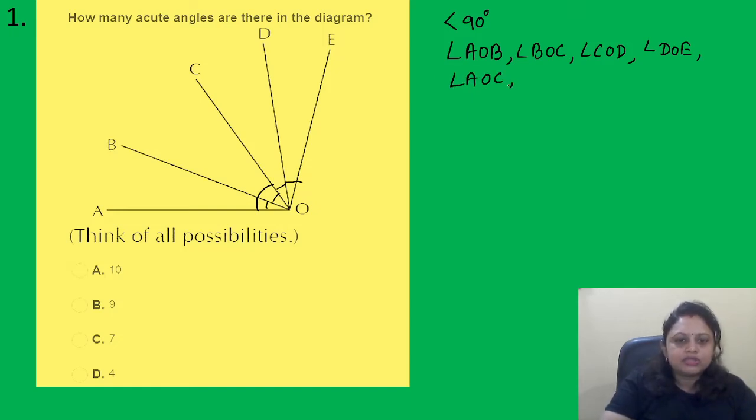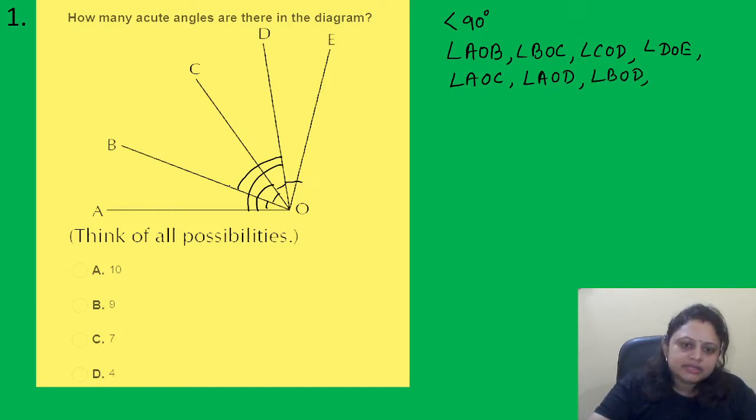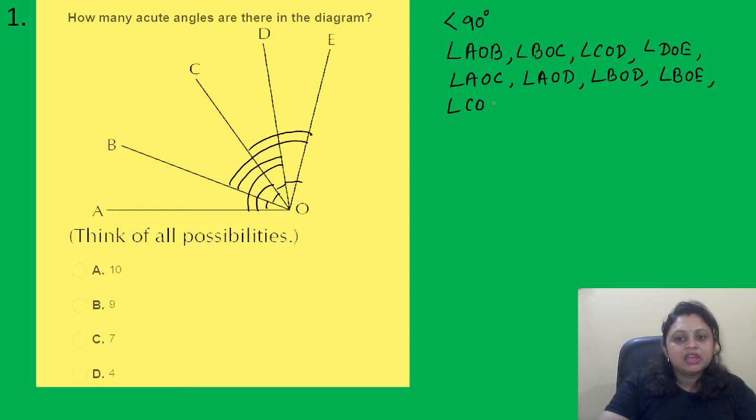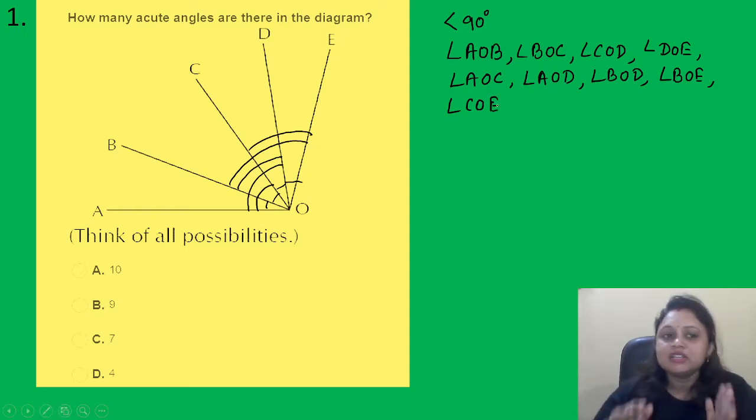So angle AOC and also angle AOD are less than 90 degrees. Next one, BOD, is also an acute angle. Next one is angle BOE, also an acute angle. Finally, COE. So these are the total acute angles present in the diagram.